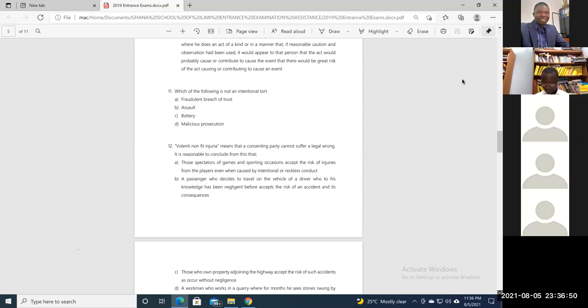So where false imprisonment is alleged, there must be proof that the defendant actually intended to imprison the plaintiff against his will. So that is how I would have explained it.